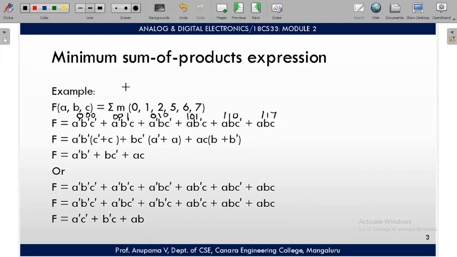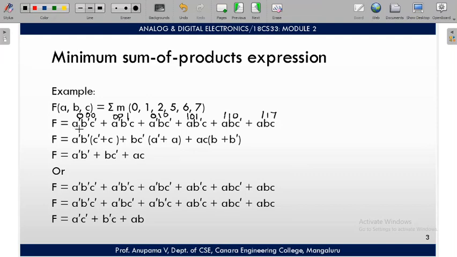Now, write the respective minterms in the algebraic form by converting zeros into variable complement and ones into variable itself. So, f becomes a complement b complement c complement plus a complement b complement c plus a complement b c complement plus a b complement c plus a b c complement plus a b c.